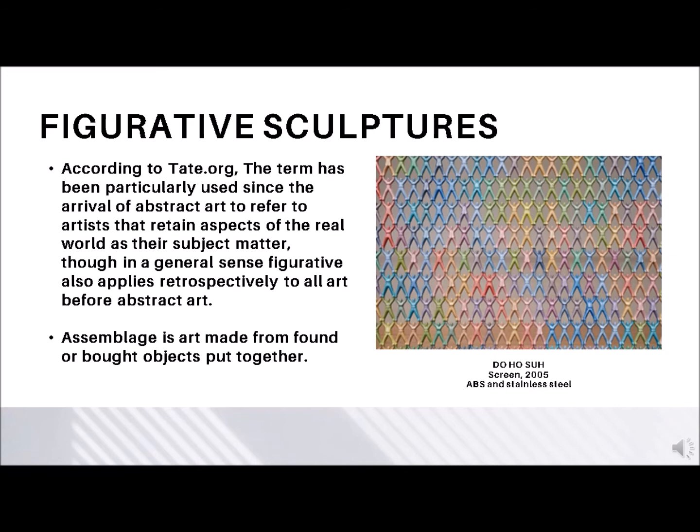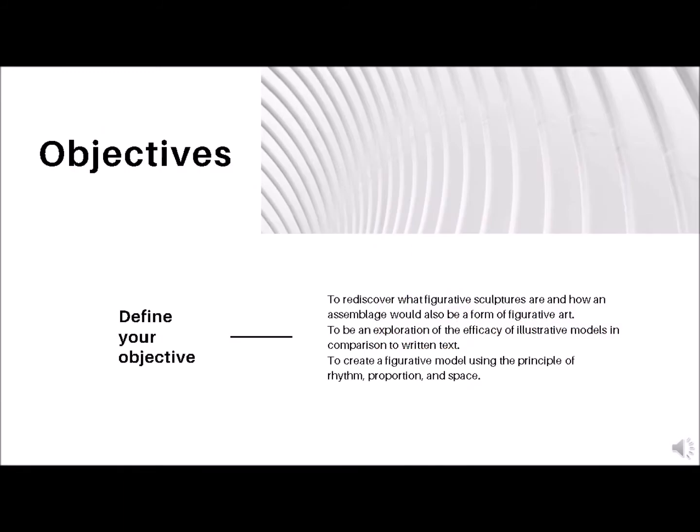Assembling will be the main process of the creation of this undertaking. The figurative sculpture will represent 6,000 architectural models of scaled human figures that would represent and interpret data through rhythm, proportion, and space.